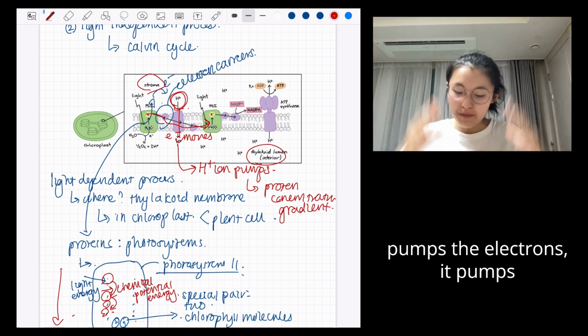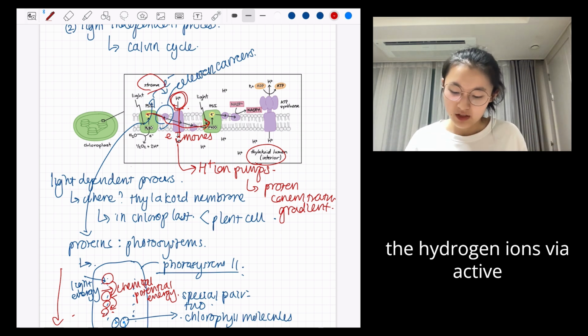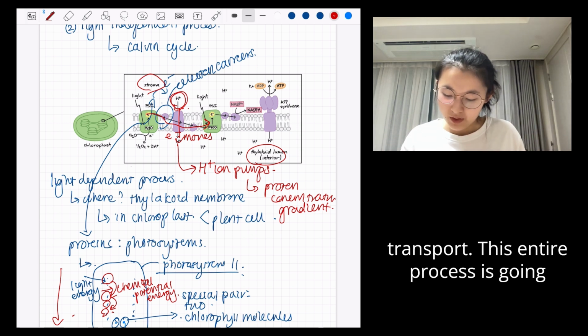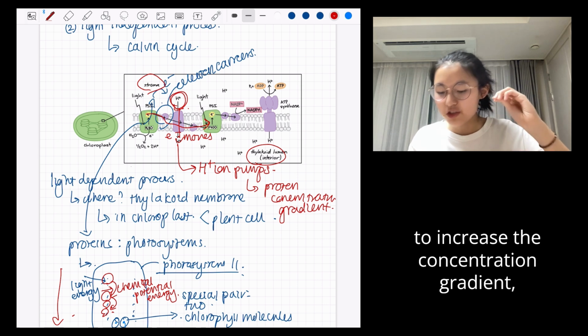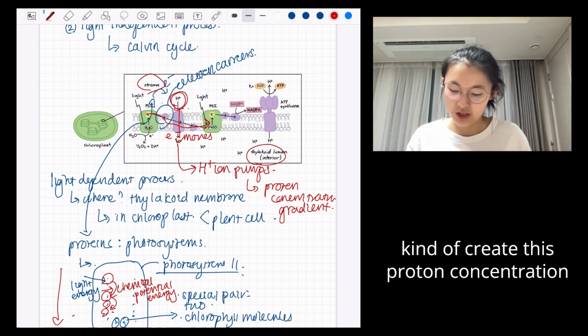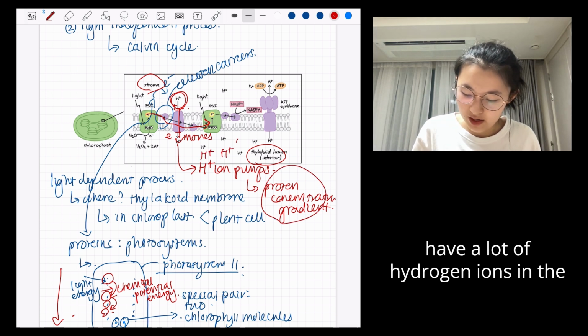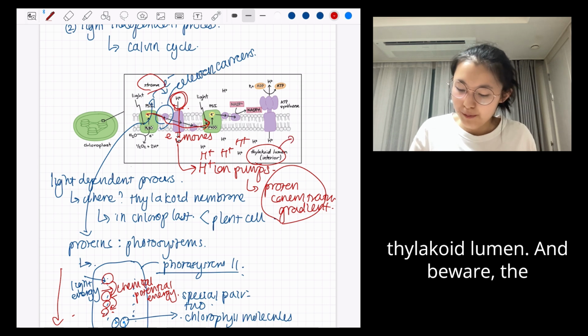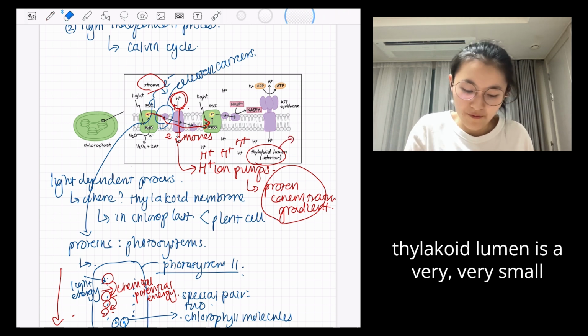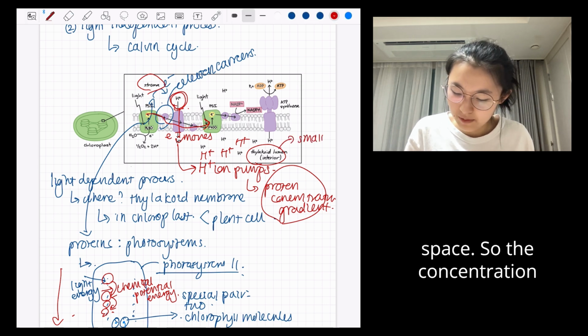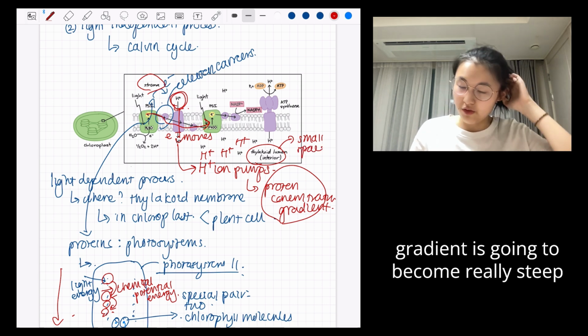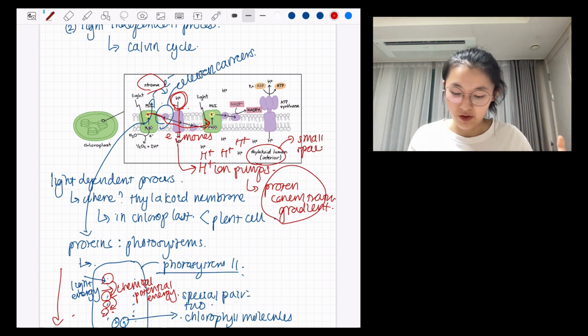Because it pumps the hydrogen ions via active transport, this entire process is going to create a proton concentration gradient, and therefore we're going to have a lot of hydrogen ions in the thylakoid lumen. And beware, the thylakoid lumen is a very, very small space. So the concentration gradient is going to become really steep really fast.